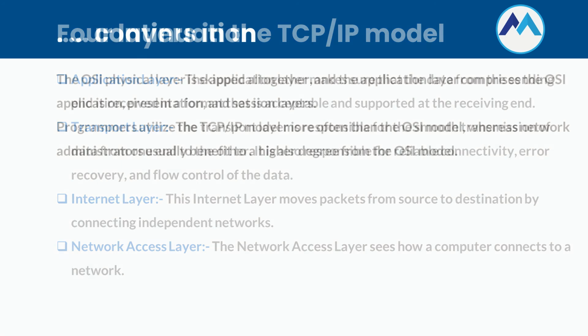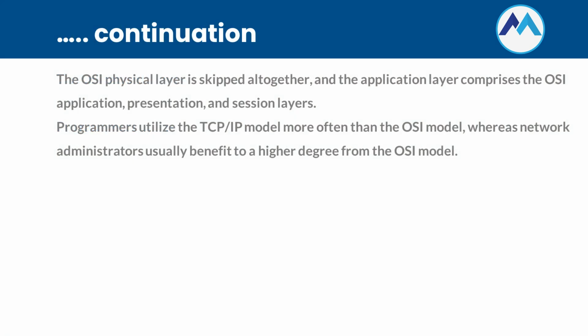We have seen that the OSI physical layer is skipped, and the application layer comprises the OSI application, presentation, and session layers. Programmers utilize the TCP/IP model more often than the OSI model, whereas network administrators usually benefit to a higher degree from the OSI model.